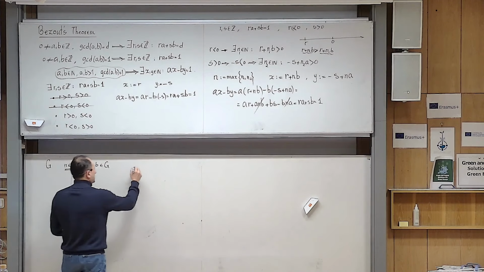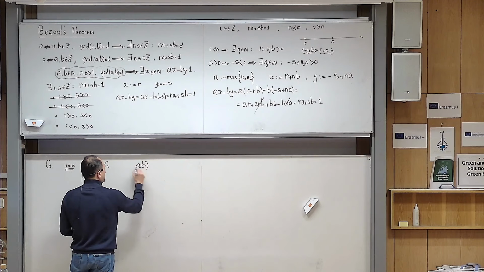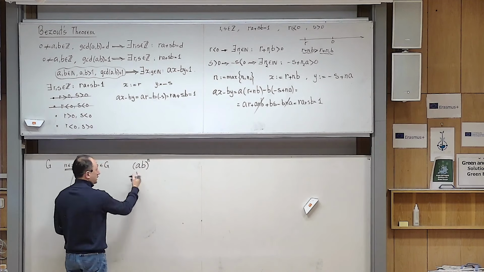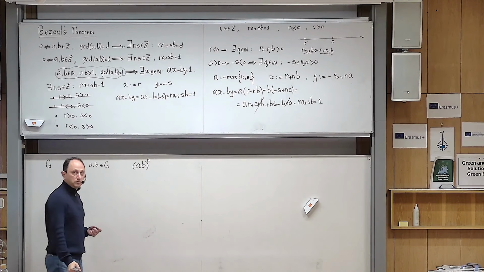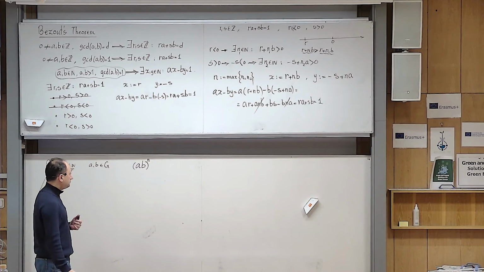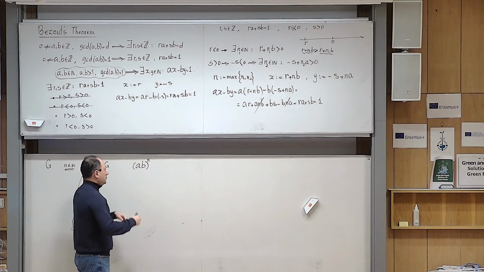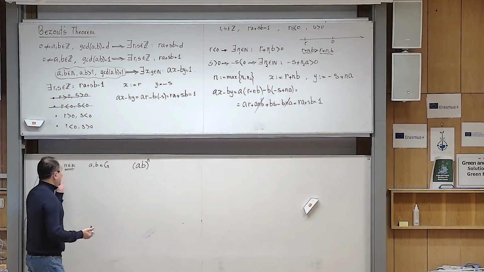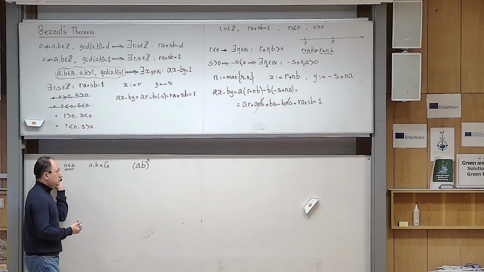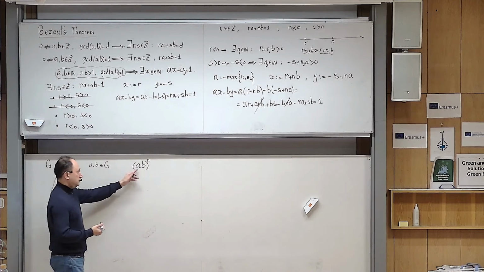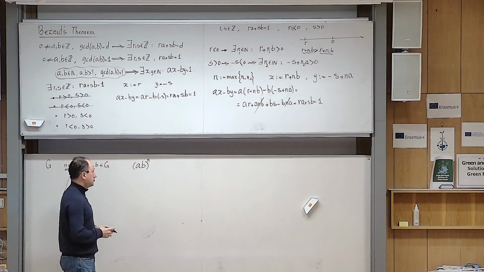And then I am emphasizing that n is a natural number. Then my claim is that ab to the nth, of course you know that in normal algebra we can write a to the nth times b to the nth, but this is not possible here unless a and b commute. And that is not granted for any generic group unless we know something about the commutativity of these two elements.